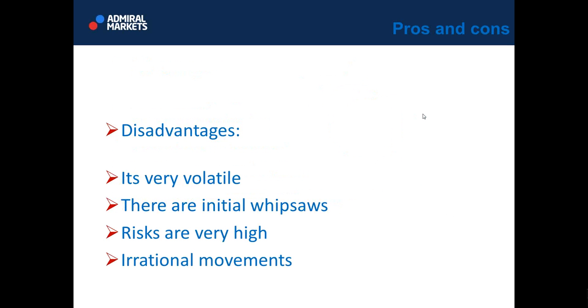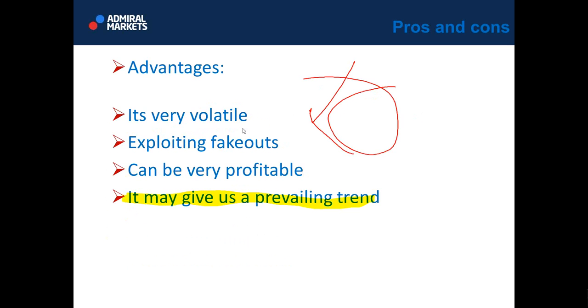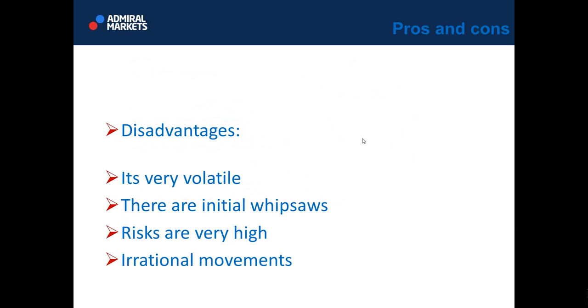Next thing, those are disadvantages. Again, this is an advantage, it's volatile, but also it is a disadvantage, and it can happen if we are on the wrong side of the market after NFP has been released. We can really be spiked out.